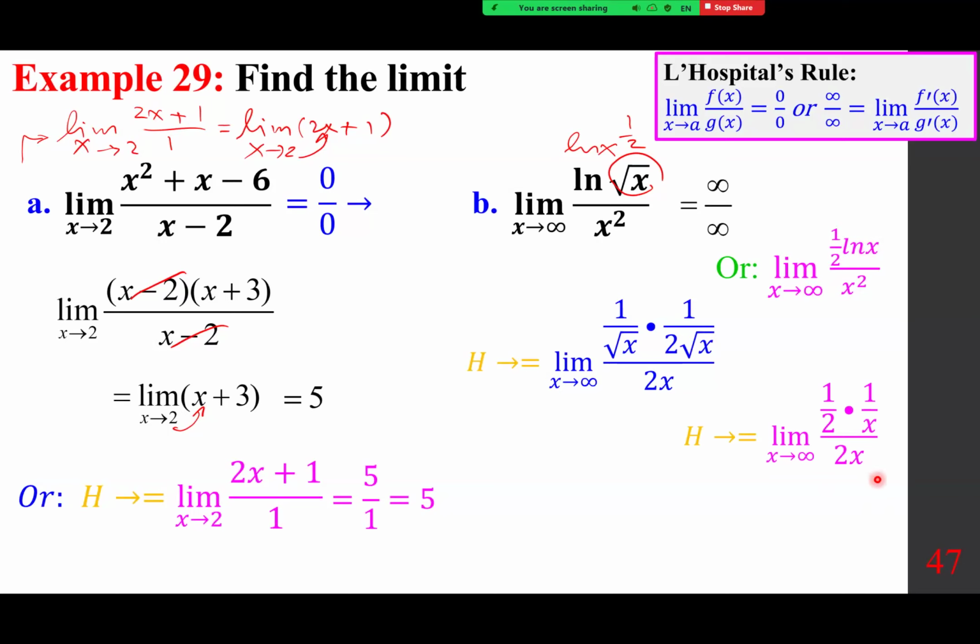Okay, you can write it in this fashion. Or if you go here, it's 1 over 2x, so the numerator is 1 over 2x, and this is a complex fraction, becomes 1 over 4x squared. I hope you see that. Whether you look at this one or this one, both of them will give you 1 over 4x squared.